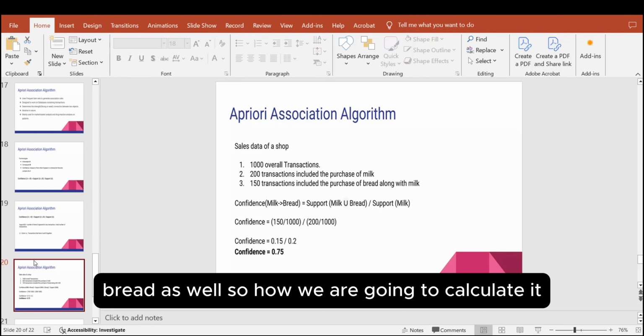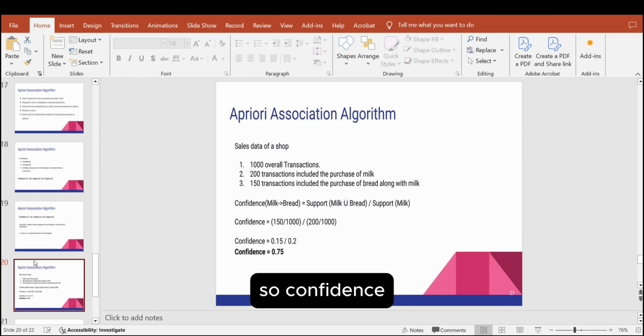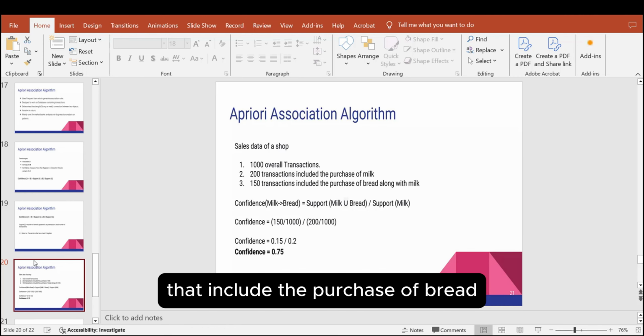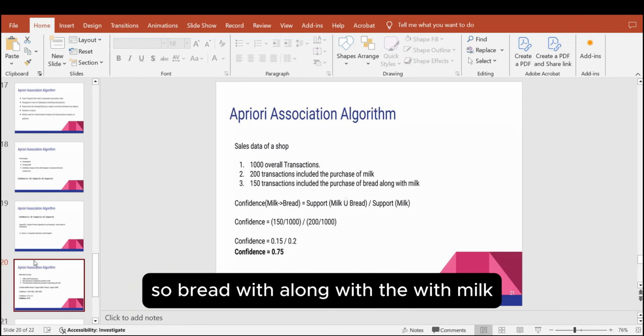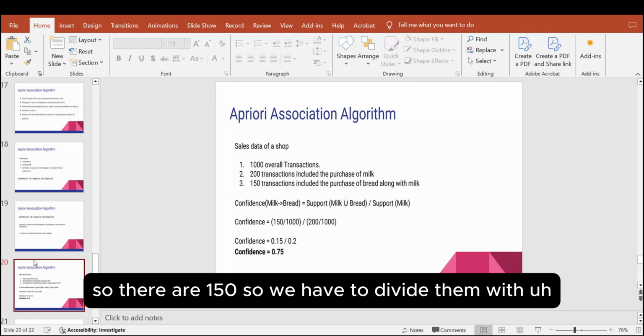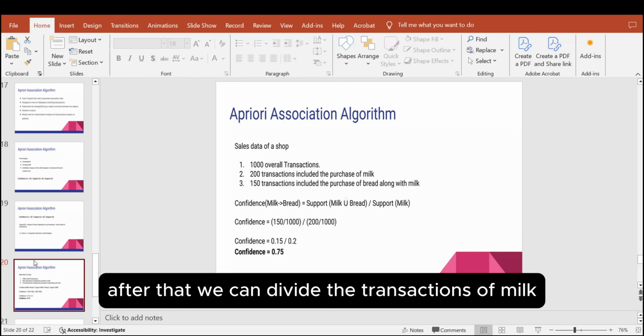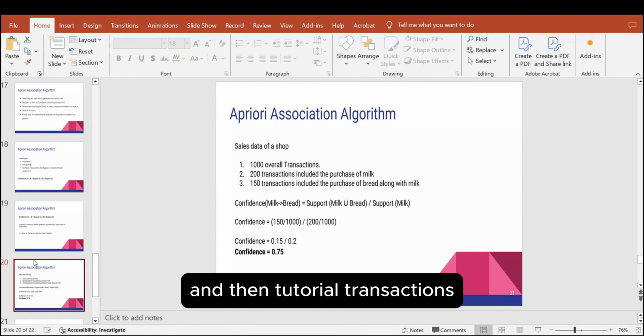how are we going to calculate it? Confidence means the transactions that include the purchase of bread along with milk, so bread with milk, they are 150. We divide that by the total transactions, which are 1000, and then divide by the transactions of milk over the total transactions.